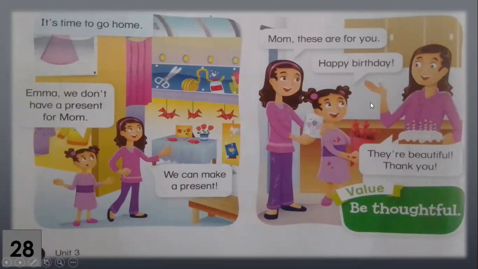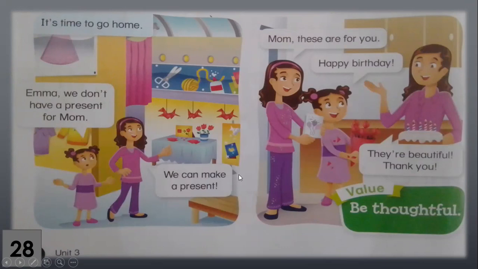So in this part of the story, we can know that the girls couldn't buy the sweater and couldn't buy the shoes. But on the way going home, Emma had an idea and she decided that they, Emma and Anne, can make a present for her mother.